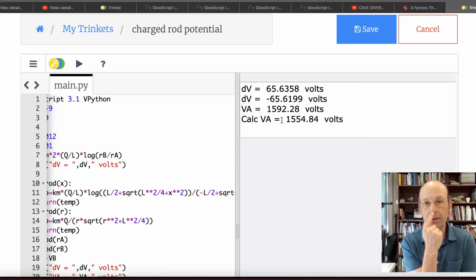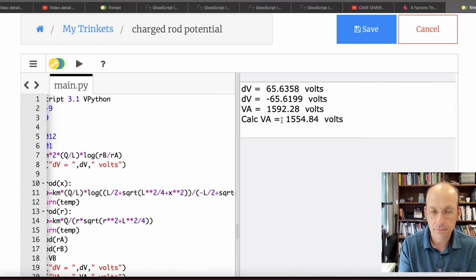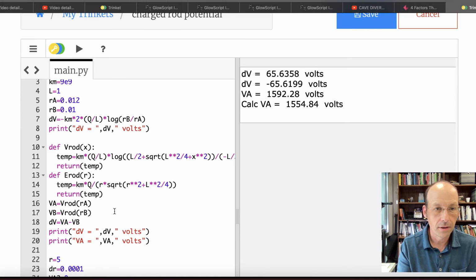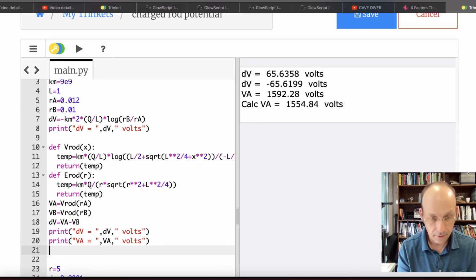Pretty excited. But still, why is dV negative? Let's see, let's print up here. Print VB equals VB volts. Just for fun. I just want to see.